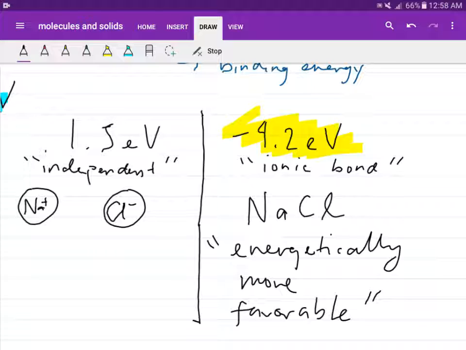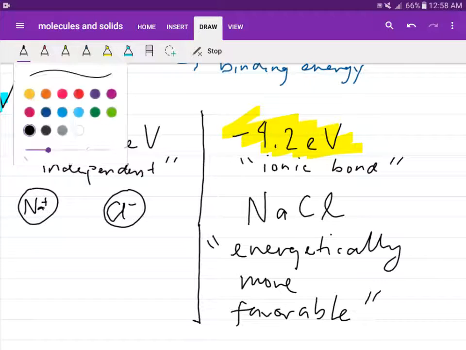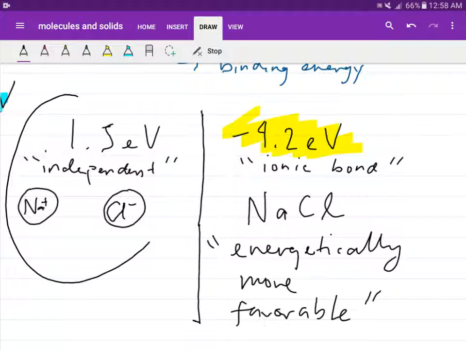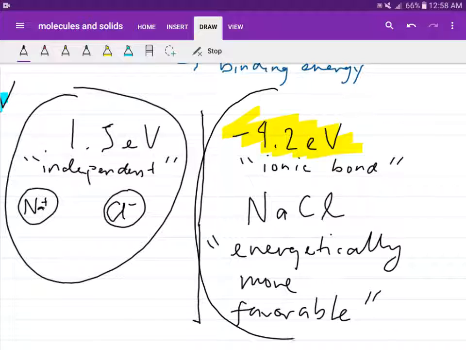So what this means is that in nature you won't be seeing much of this event happening, sodium cation and chlorine anion independently being formed, and you are more likely to see sodium chloride molecules.